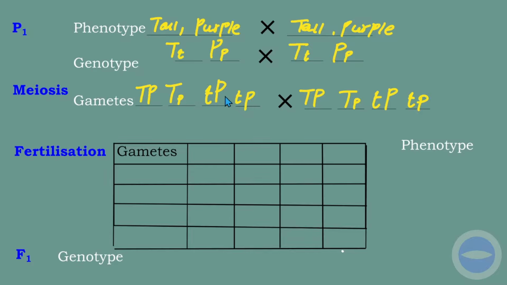So here are the gametes, and I will put the gametes in this box here. I will put TP, Tp, tP, tp, and then I'll put these gametes in this row.